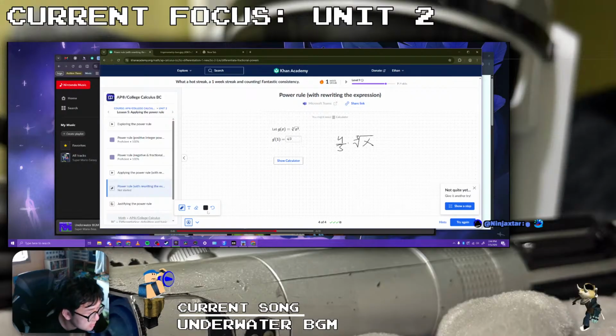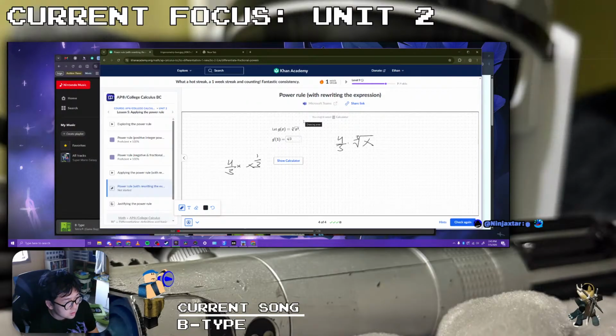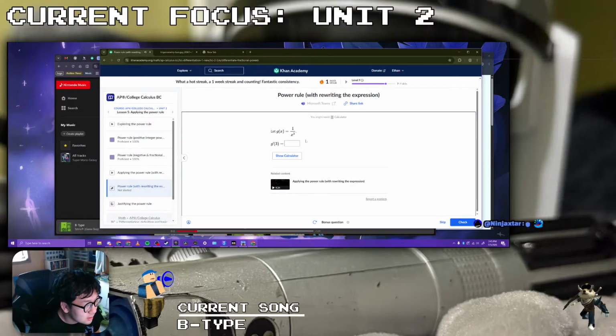Because if it's to the 4th, it's going to be 4 over 3 times x to the 1/3, which is not 1. Hold on, I'm probably missing something here. It's not equal to 3 over 4. It is equal to 3 over 4. I swapped my numbers like Jimmy McGill.